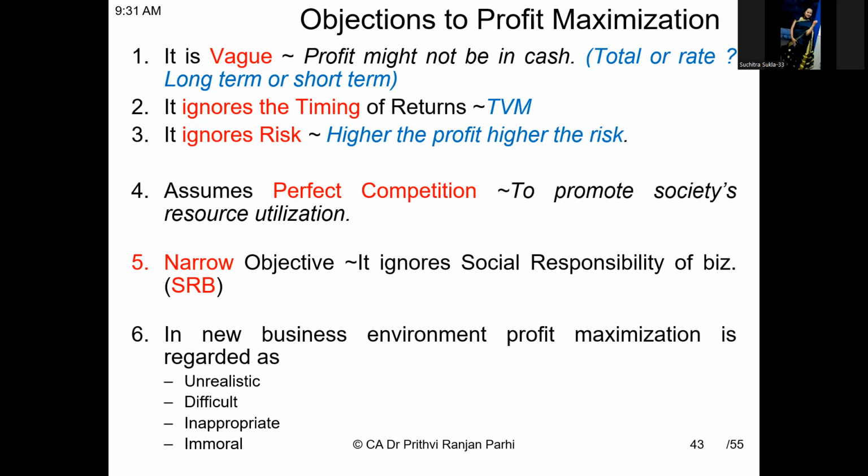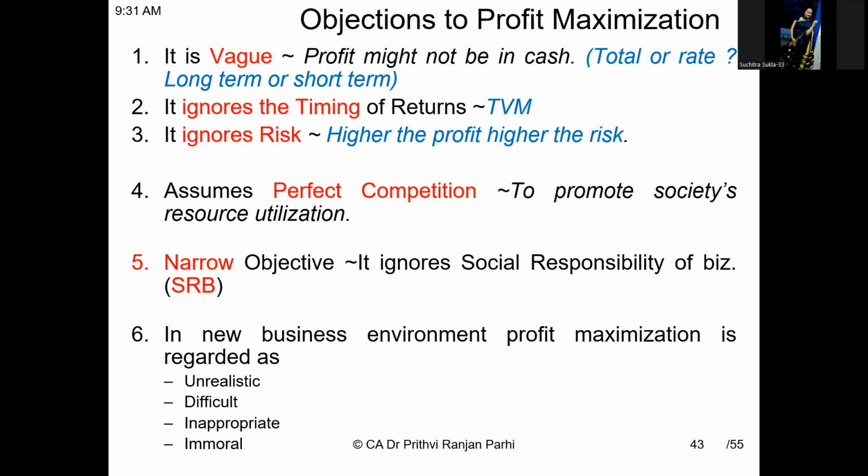So normally you'll go for business B because profit is more. But assume business B will give you 25,000 only after 3 years. Even if it is giving more profit, it is not giving early. So it is not that we always look only at the profit. We also need to look at the timing of the return.